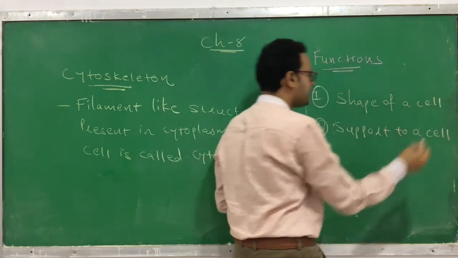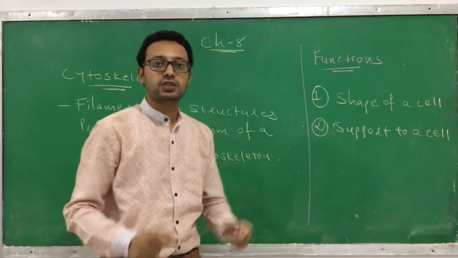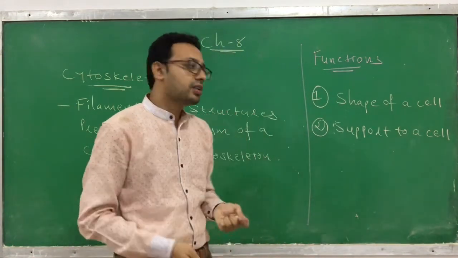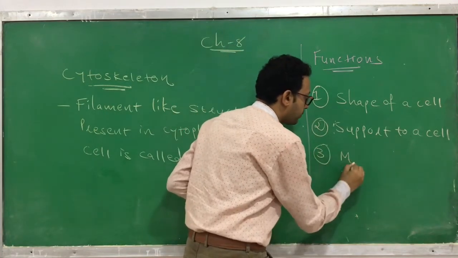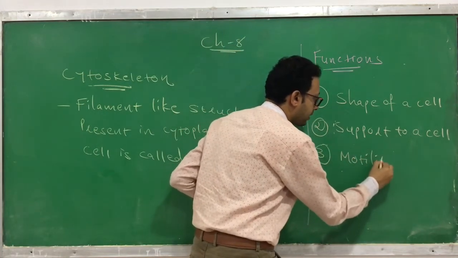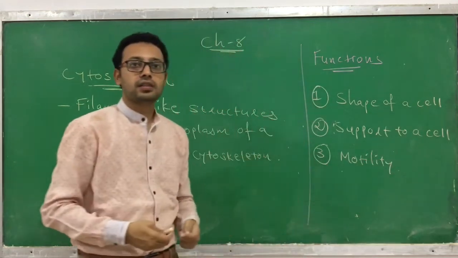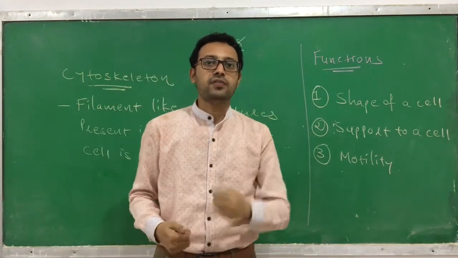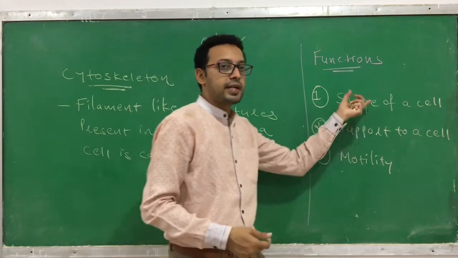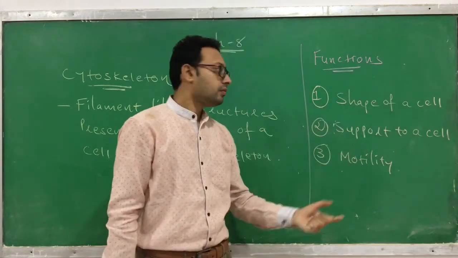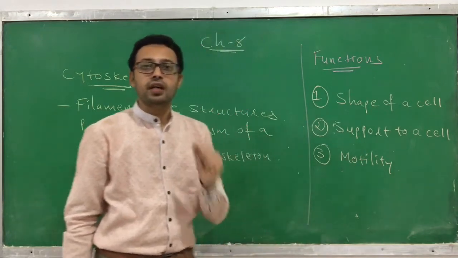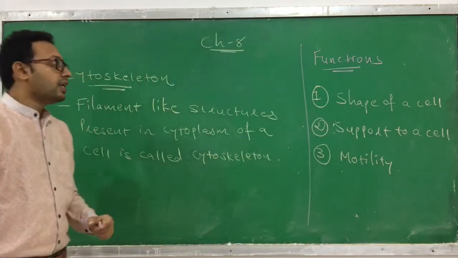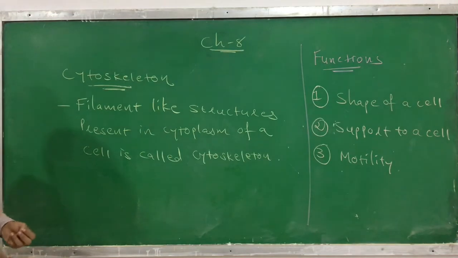And the third function is that it is responsible for motility, that means movement. These are the three main important functions: it gives shape to a cell, provides support to a cell, and is responsible for motility.